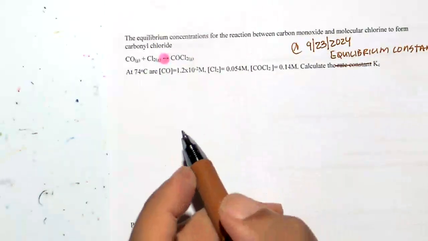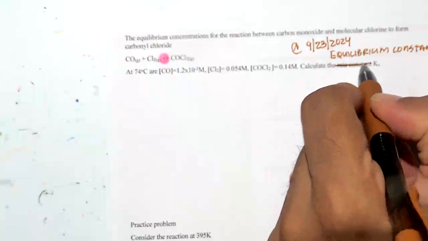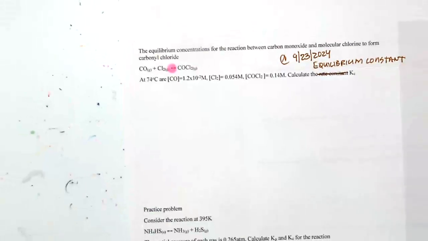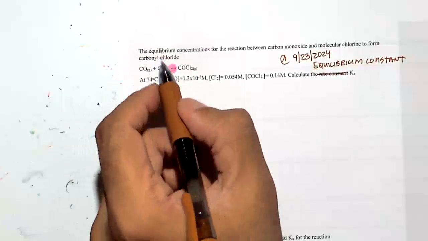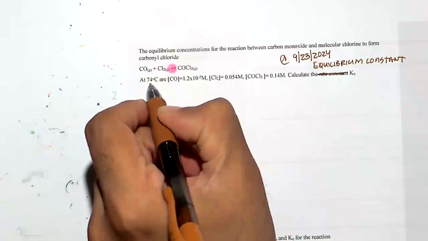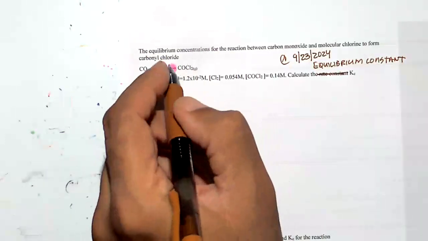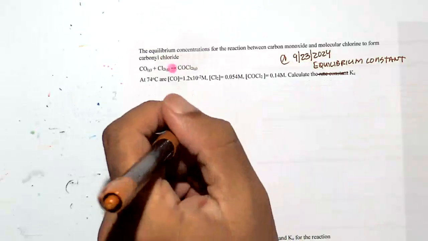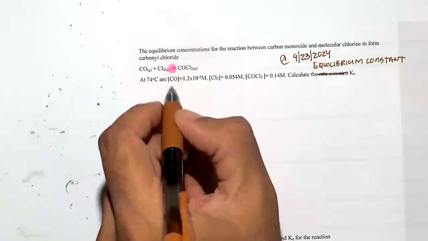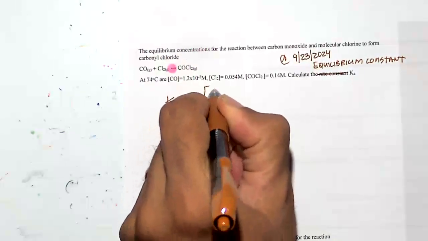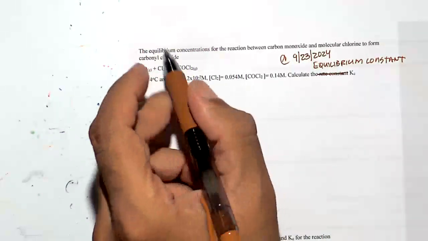Okay, we're dealing with the equilibrium constant, Kc. At 74 degrees, this is a very specific temperature, we have the concentration of all of these. So what is the expression for the equilibrium constant in terms of concentration? It's products over reactants.